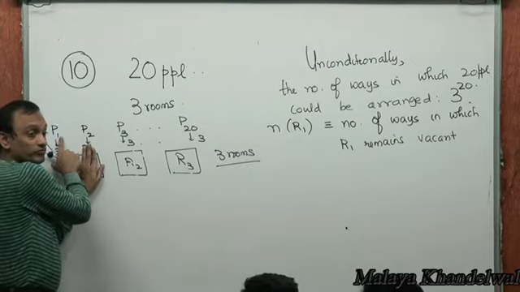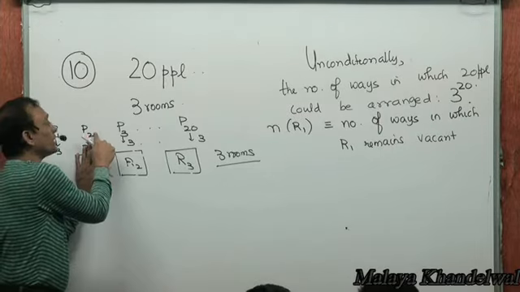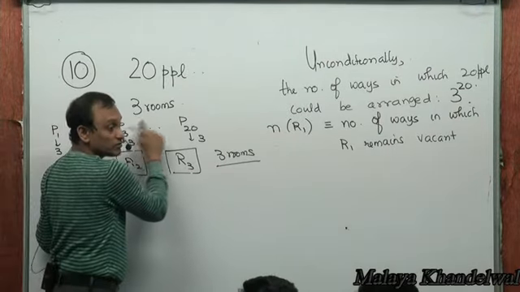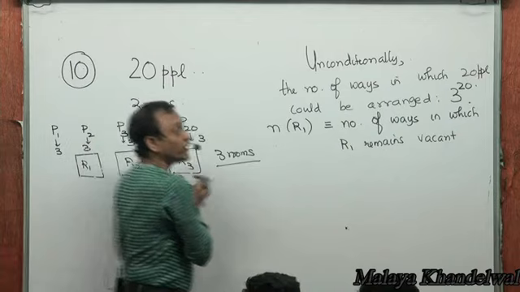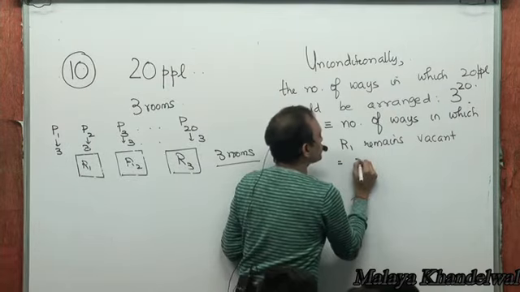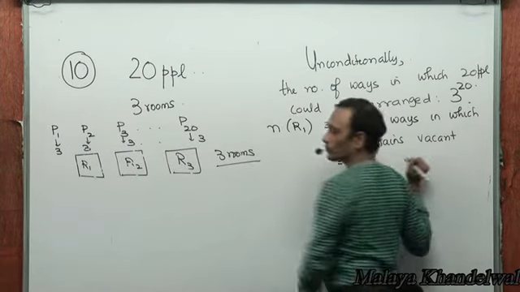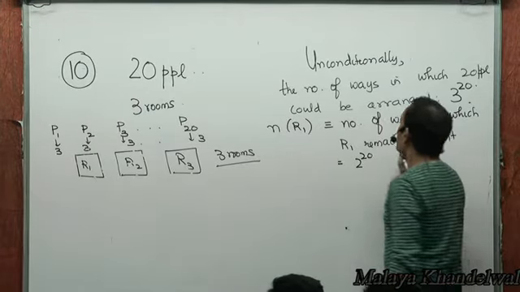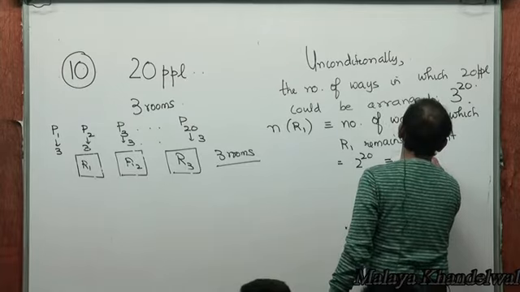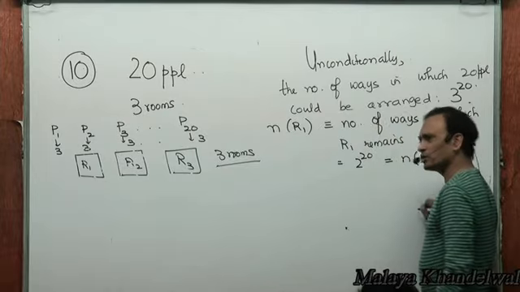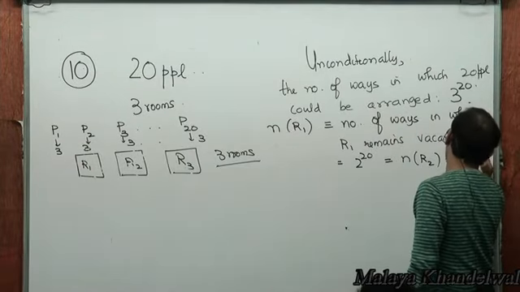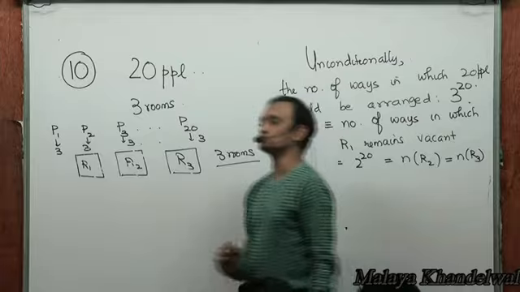There are 2 ways of delegating P1, 2 ways of distributing P2, 2 ways P3, and so on, right? So that makes it 2 to the power 20, yes or no? And this must be the same as NR2, the number of ways in which R2 remains vacant. This is the same as the number of ways in which R3 remains vacant, yes or no?